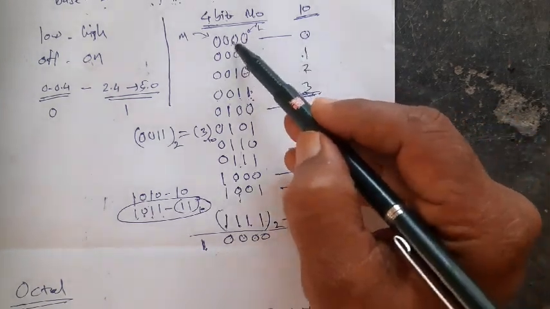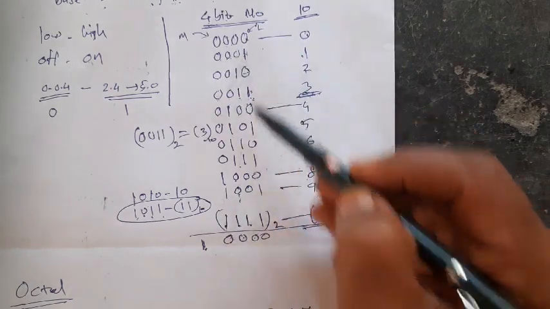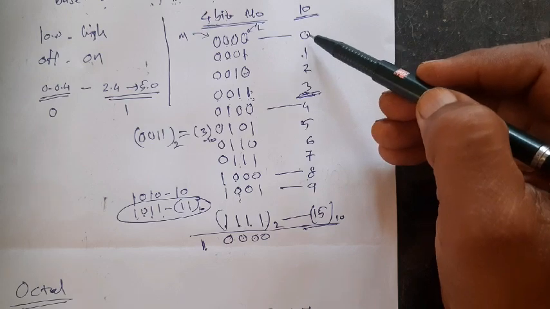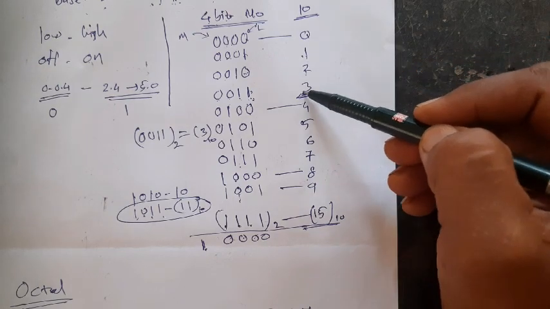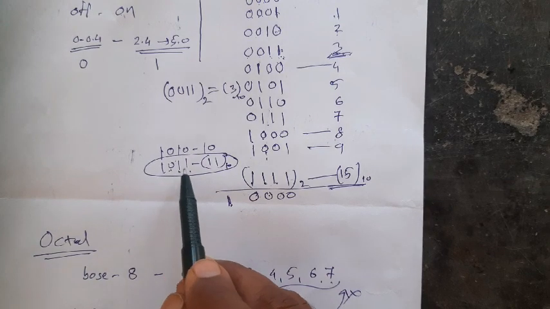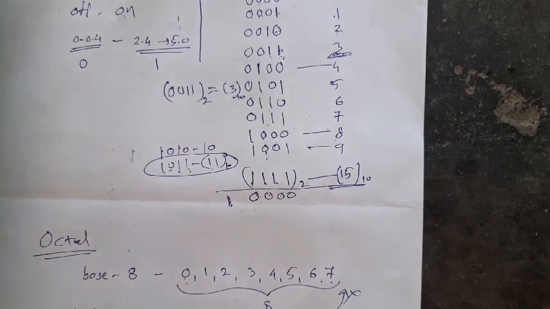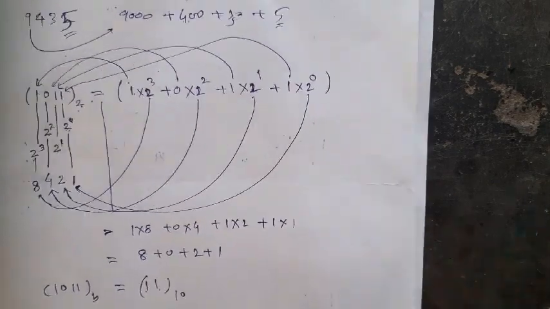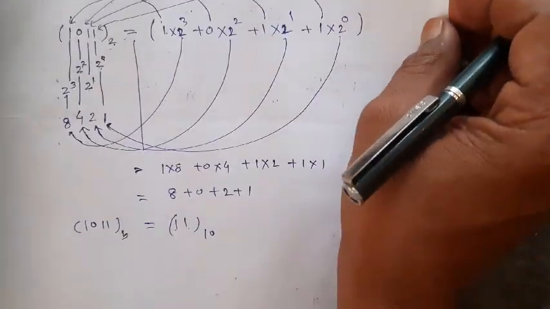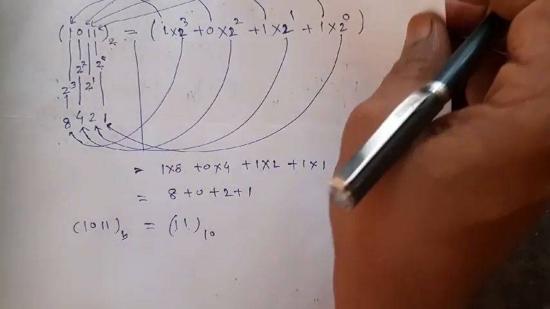Therefore it is 0000, 0001, 0010, 0011, and so on. The corresponding counting is 0, 1, 2, 3 and so on, and finally we have reached 1011, which is equivalent to 11 in decimal number system. Now here, using the method of conversion of binary number into decimal number system, we have found 11 in decimal number system. Therefore it seems to be okay.